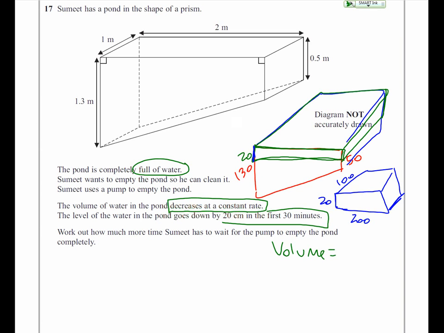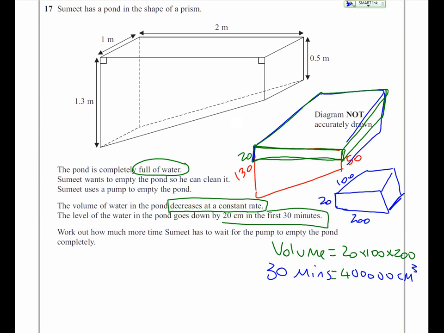So we do 20 times 100 times 200. Okay. So it's going to start with a 4. And just count the zeros. 1, 1, 2, 1, 2. Big number, 400,000. So 400,000 centimetres in the first 30 minutes. Centimetre cubed, let's get our units right.